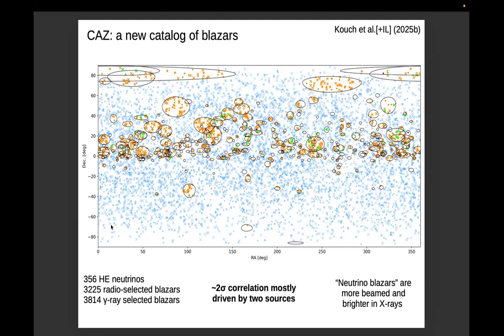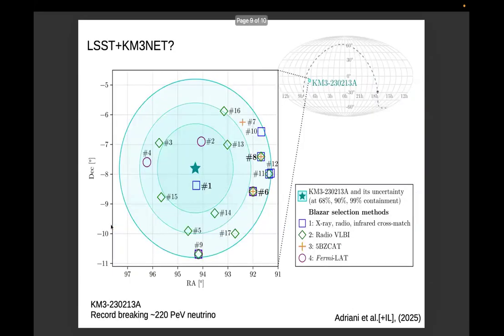The problem here is that LSST will not play well with IceCube, because you need the Earth to shield you from the atmosphere. But there is hope, because there is in fact now a neutrino telescope in the northern hemisphere, called KM3NeT. It's in the Mediterranean Sea somewhere.